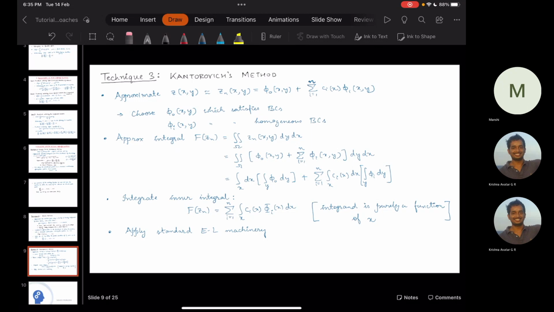And the rest of the basis functions, phi i of x, y, have to satisfy homogeneous boundary conditions. Homogeneous boundary conditions imply that all these basis functions have a value of 0 at the boundary.